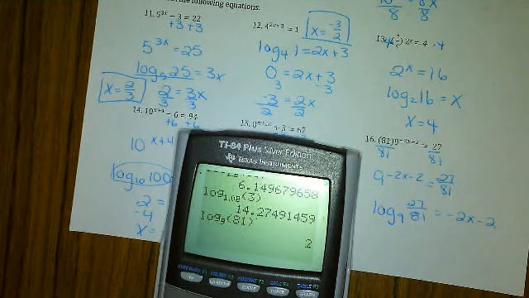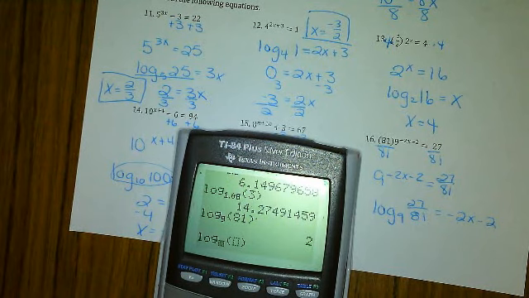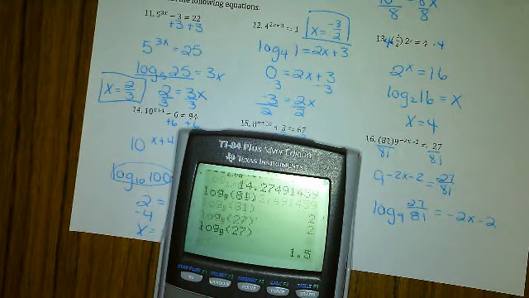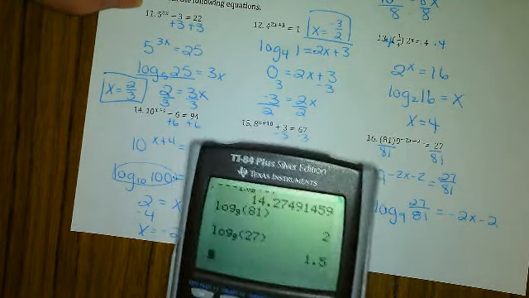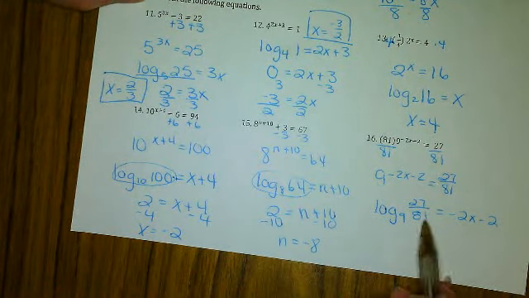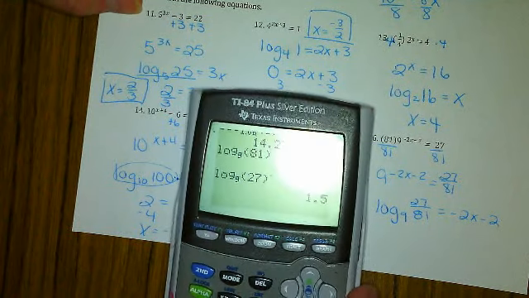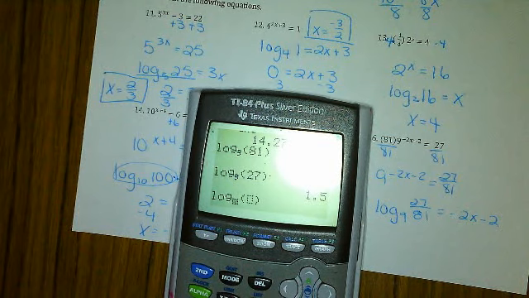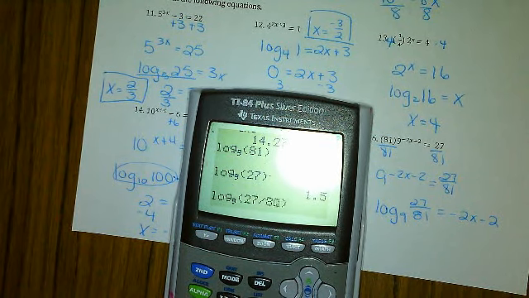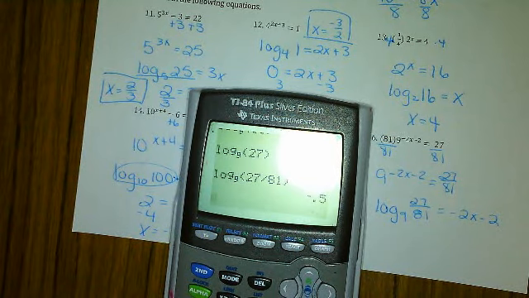Oh, sorry, I did the wrong one. Alright, so log base 9 of 27. That gives you 1.5, okay? But then, the problem here is this 81. Now, let me show you what happens when I actually type in the whole thing. So here, if I have log base 9 of 27 divided by 81, that gives you negative 1/2.